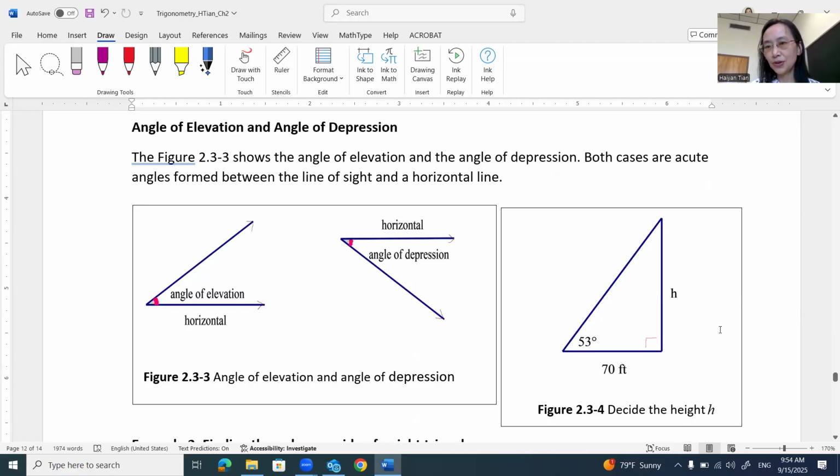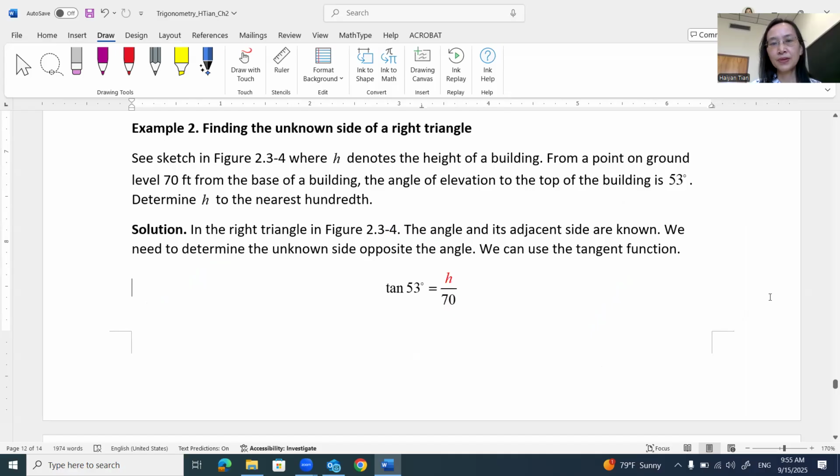So we actually solve a right triangle using the definition of the trigonometric functions of acute angles. So that is the equation we set up.